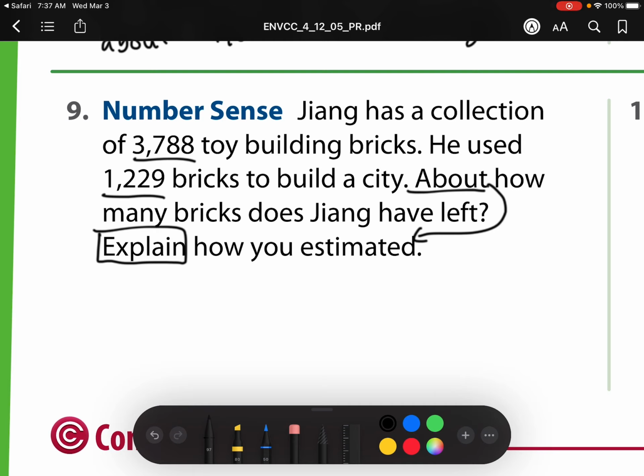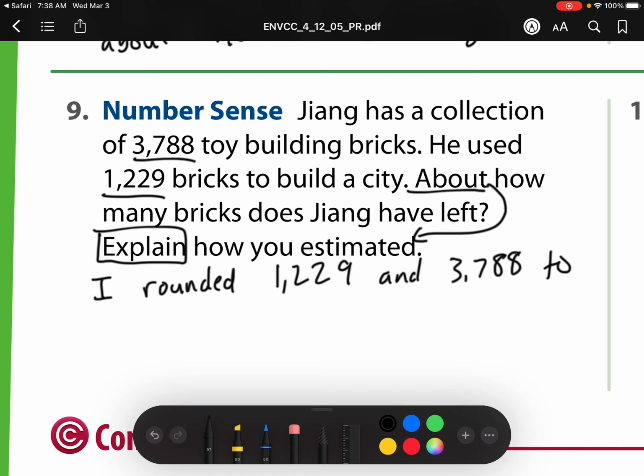So I rounded, or I estimated 1,229 to the nearest hundred. And actually, we're going to round both of them to the nearest hundred. So we'll put them all in the same sentence. And 3,788 to the nearest hundred. 1,229 becomes what?